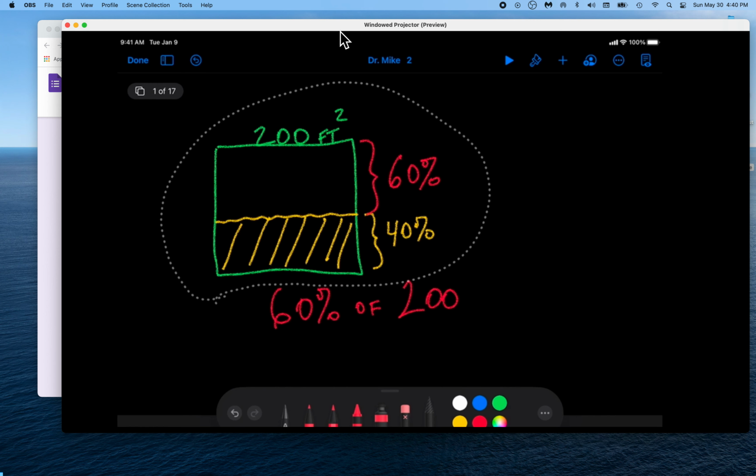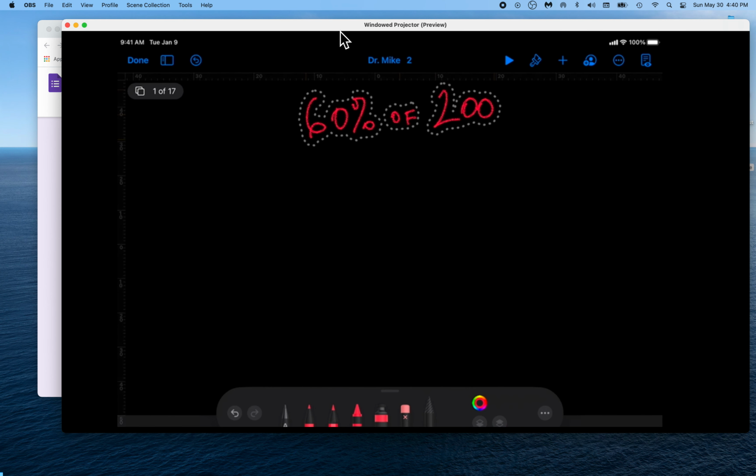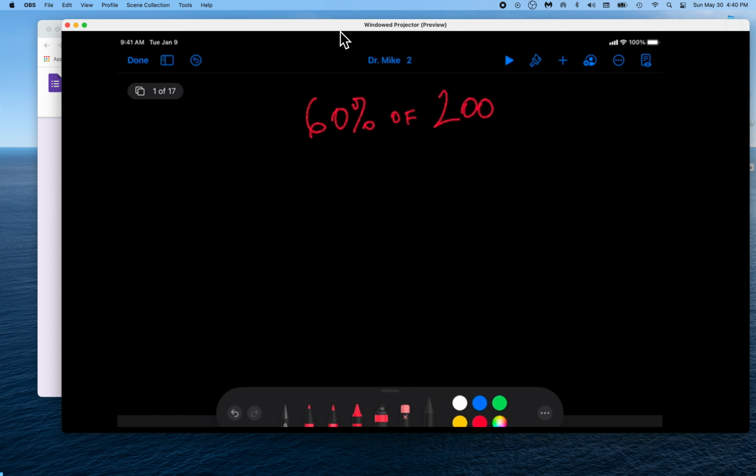We don't need our drawing anymore. Did its job beautifully. Now our problem is reduced to this. First thing, 60%. We can't work with percent signs. We change that to division by 100. The word of means multiply. 200 over 1 equals.